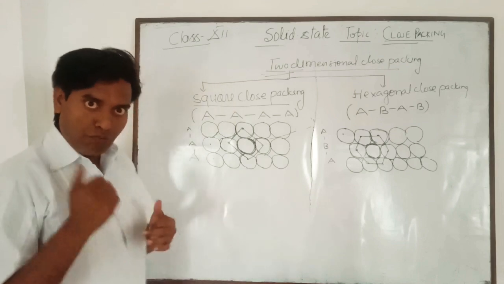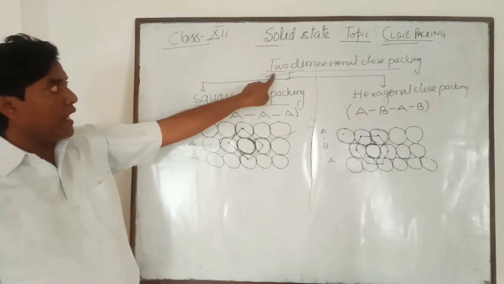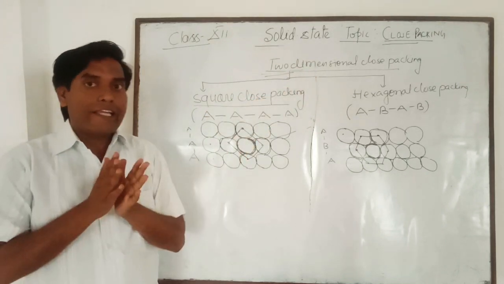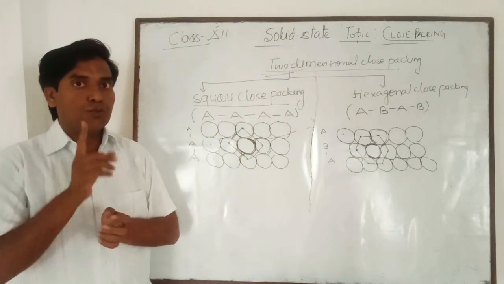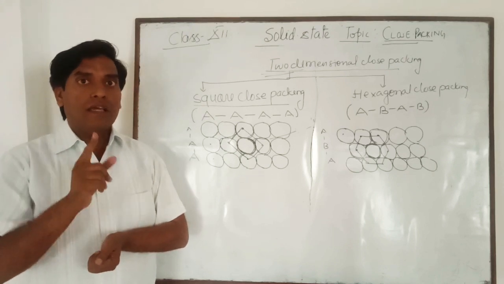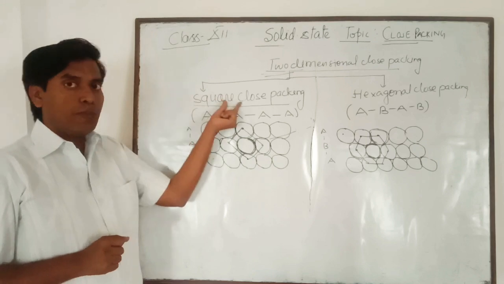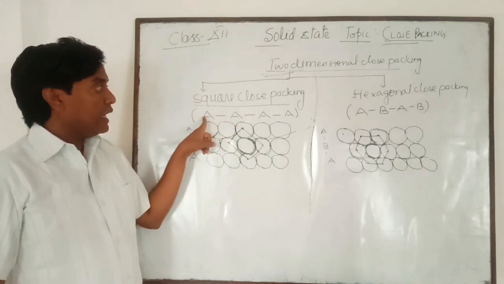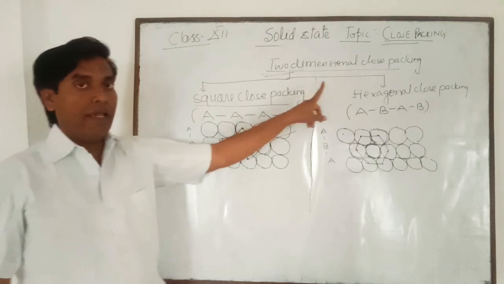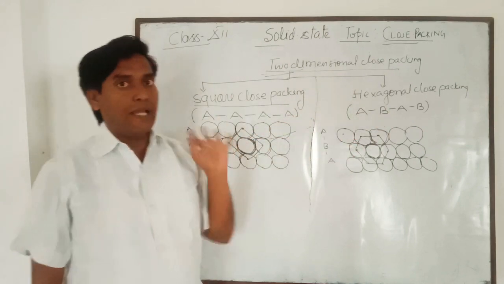Clear, beta? Once again I am going to repeat in a few seconds. In two-dimensional close packing, the arrangement of particles takes place in two ways: one is square close packing and the second is hexagonal close packing. Square close packing is also known as AA type packing, and hexagonal close packing is known as ABAB type packing.